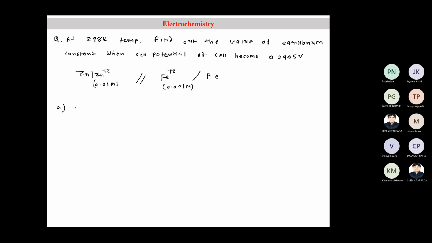An option is 10 raised to 0.3201 upon 0.0296.